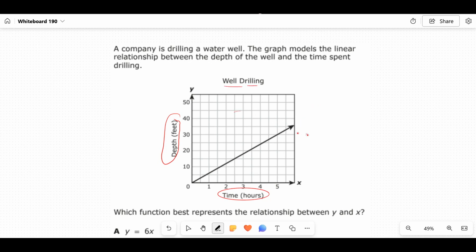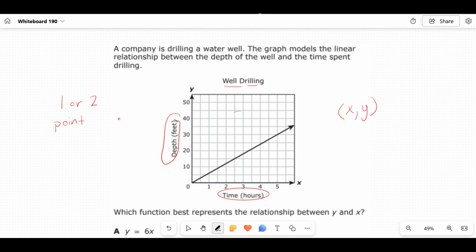And luckily, since this is a coordinate grid, we can call every single point on this graph x, comma, y. So because it is x, comma, y, the simple thing that we're going to do is find at least 1 or 2 points on our graph here.